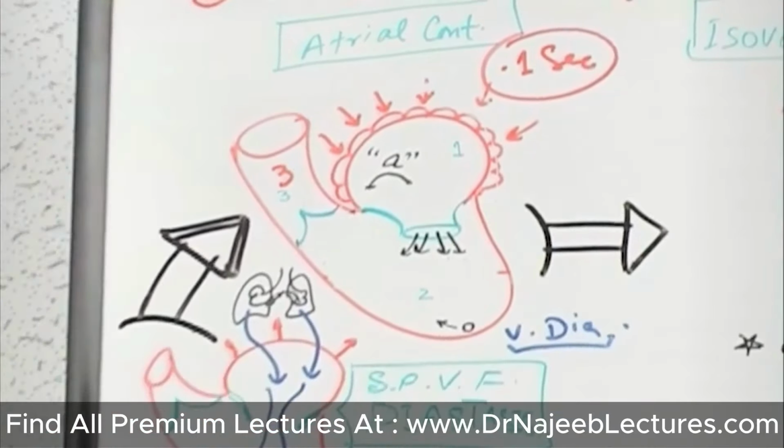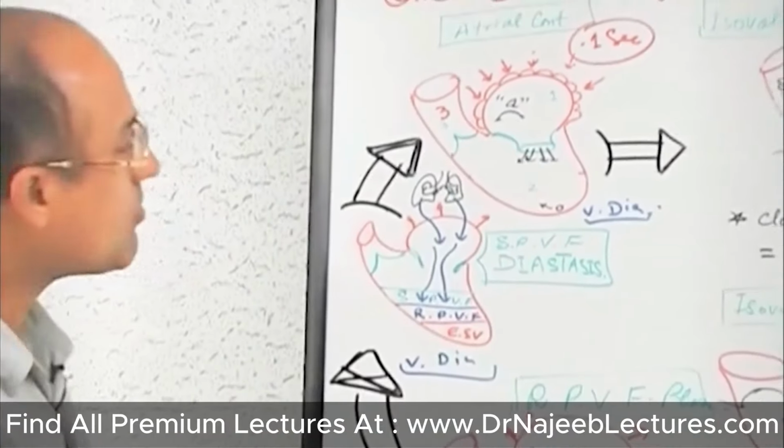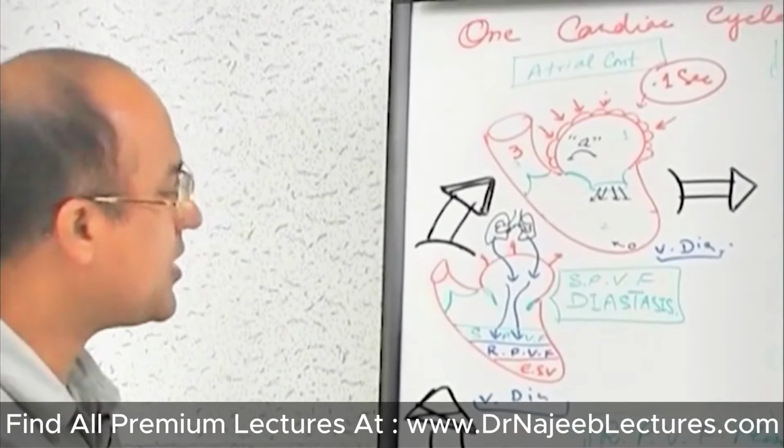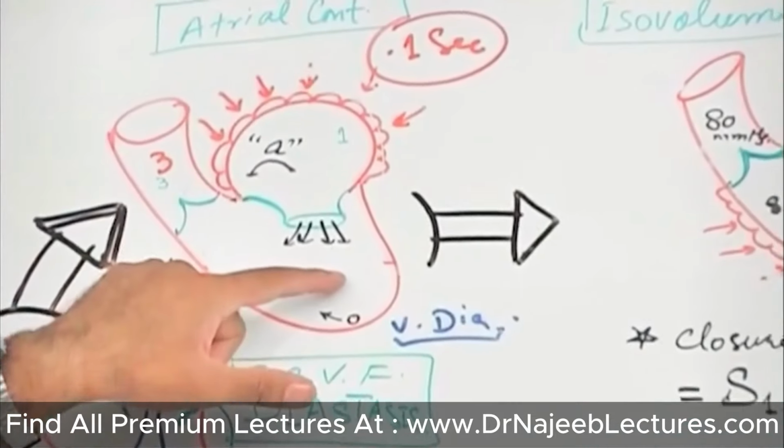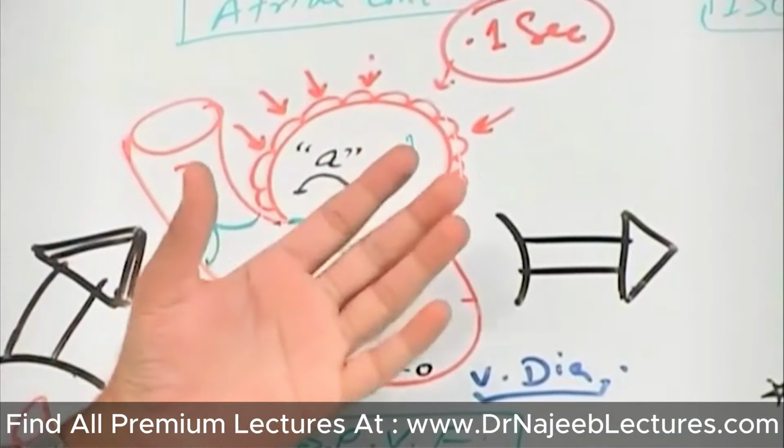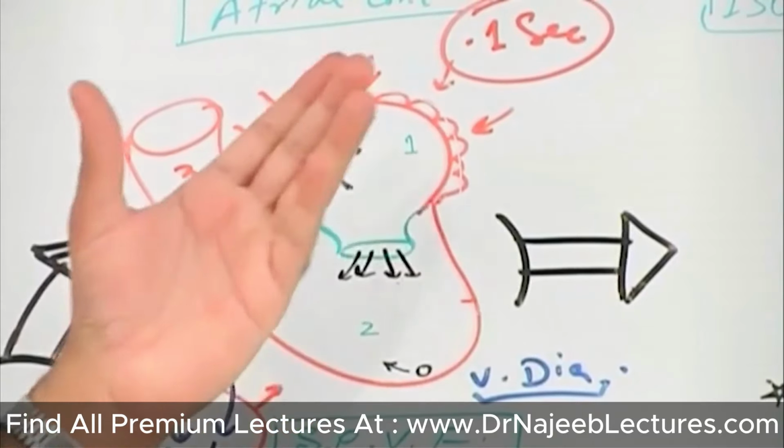Again, let me tell you that sometimes there are atria which are contracting against stiffened ventricle. Stiffened ventricle means hardened ventricle. More truly speaking, hypertrophied ventricle.